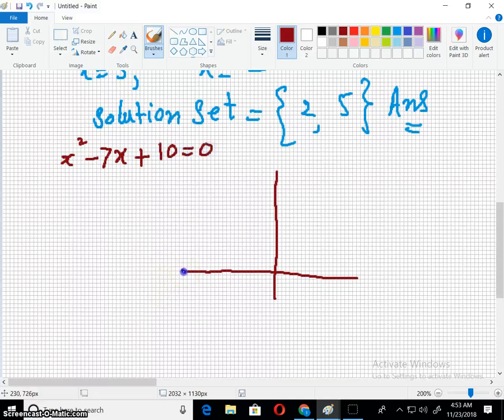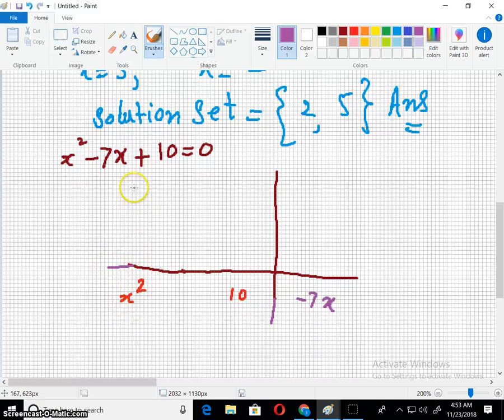So I would write the first number, that is x square, and the last number, that is 10 here, and the middle number, I will shift this middle number to this side. Now I need to factor these separately.